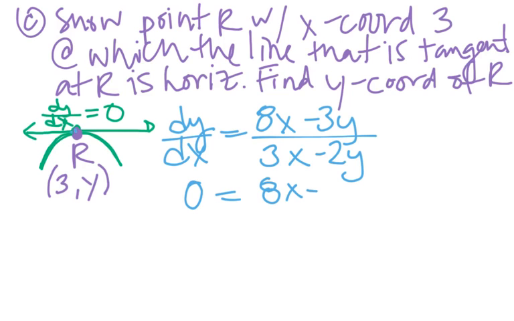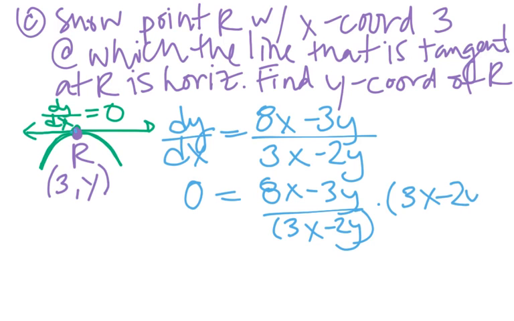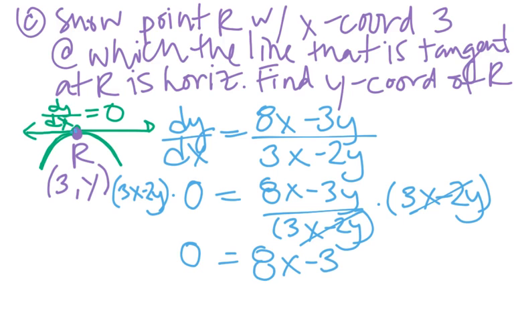So I have 0 equals (8x minus 3y) over (3x minus 2y). In order to solve for y, I am going to multiply both sides by 3x minus 2y. When I do that, the left-hand side is still 0 because anything multiplied by 0 is 0. And these terms cancel out, leaving me with 0 equals 8x minus 3y.